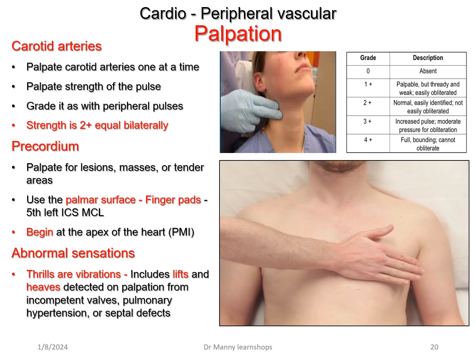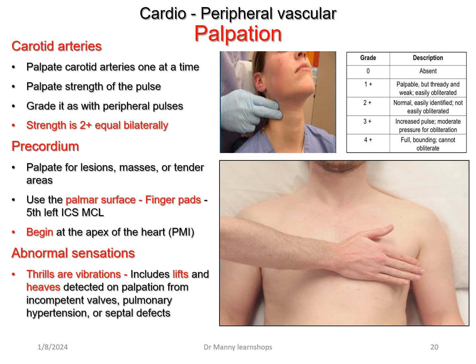When we palpate, when doing a cardiovascular assessment, we palpate the carotid arteries one at a time. We determine the strength of the pulse according to the grade from 0 to 4. Typically, the pulse grade will be 2.